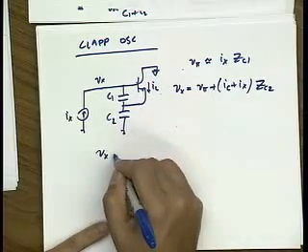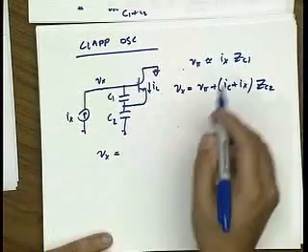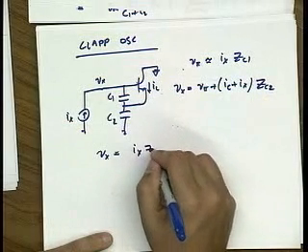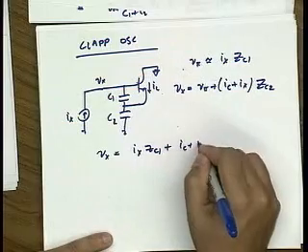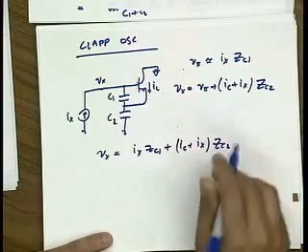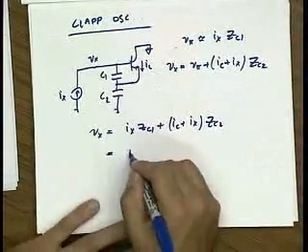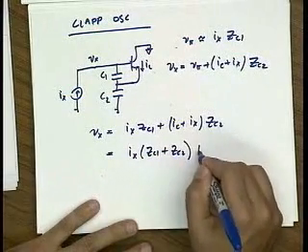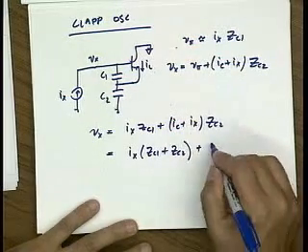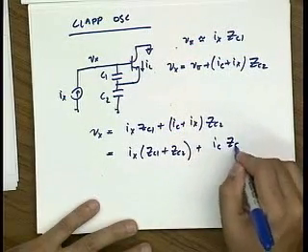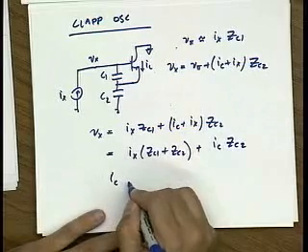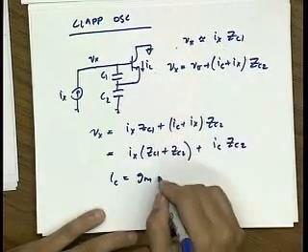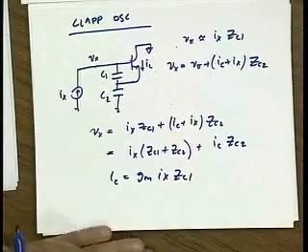In other words, the voltage Vx is, substituting now, I have Ix ZC1 plus IC plus Ix ZC2, or Ix ZC1 plus ZC2 plus IC times ZC2, but IC is nothing but the GM of the transistor times V pi, which is GM Ix ZC1.